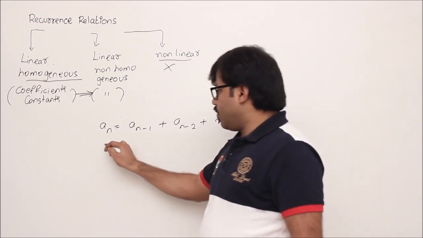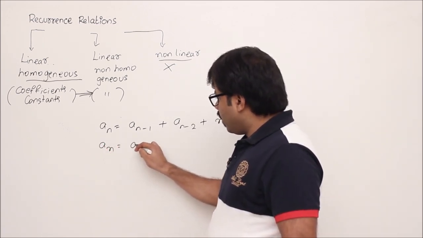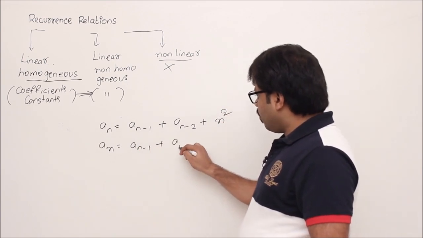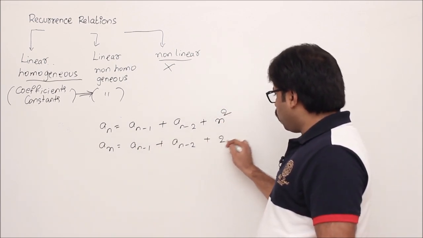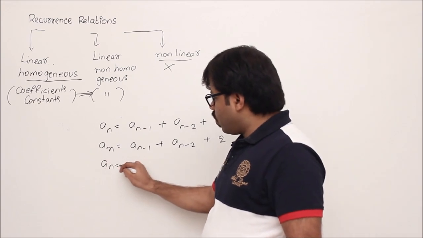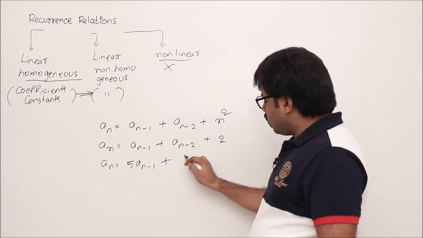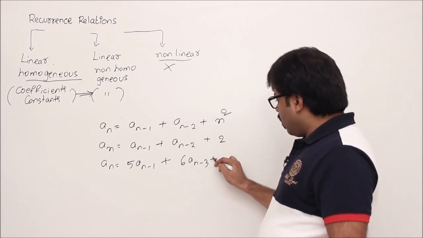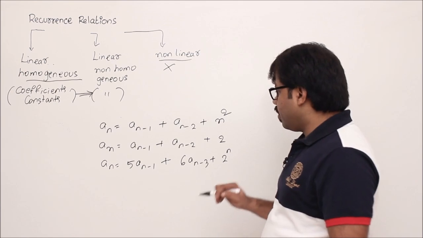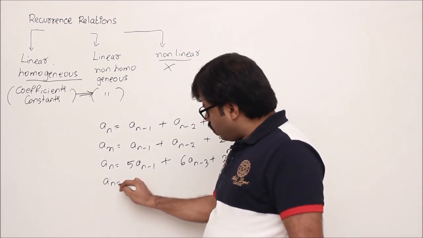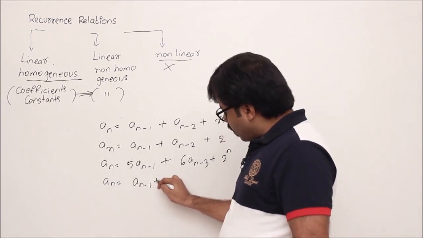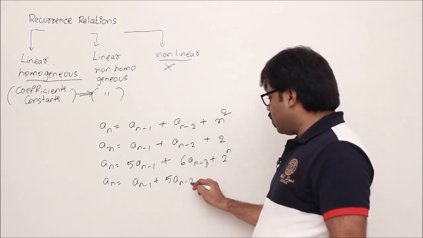Second one, an equal to an minus 1 plus an minus 2 plus 2. Third one, an equal to 5 into an minus 1 plus, let's say, 6 into an minus 3 plus 2 to the power of n. Fourth one, an equal to an minus 1 plus 5 into an minus 2.